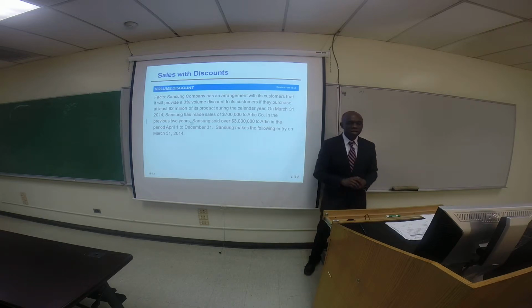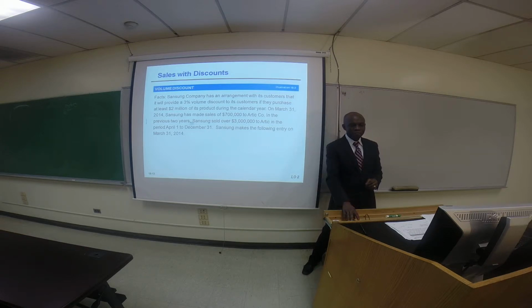So here's the fact. S company has an arrangement with its customer that it will provide a 3% volume discount to its customers if they purchase at least $2 million of its product during the calendar year. On March 31st, 2014, S has made sales of $700,000 to a customer. In the previous 2 years, S sold over $3 million to this customer in the period April 1st through December 31st. S made the following entry on March 31st.